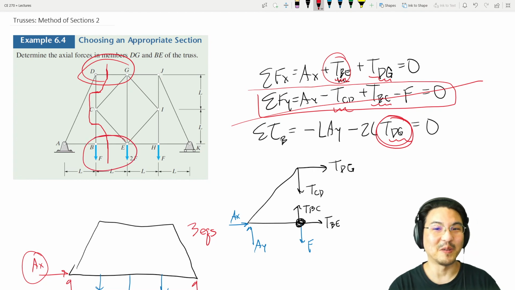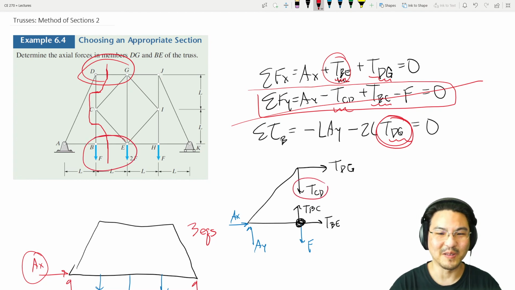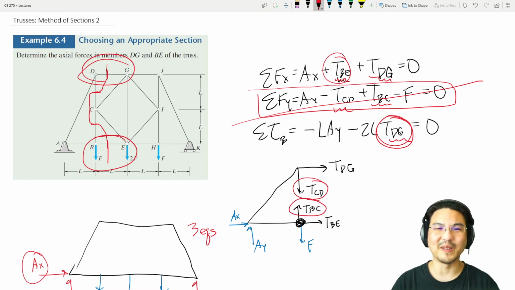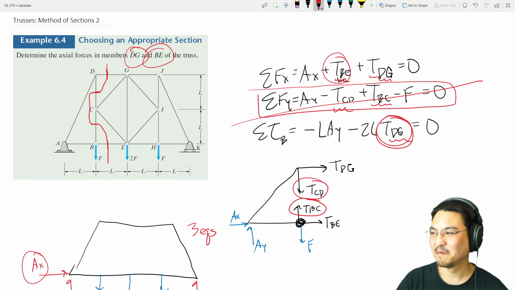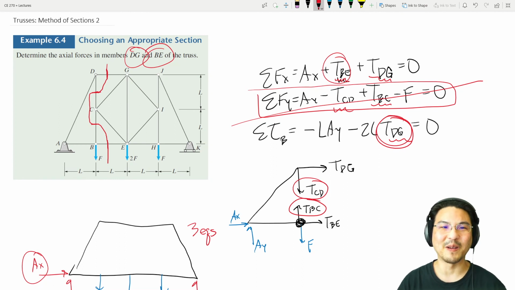And we would not know the answers for these two. So it's like being cute about it. Like we still haven't solved everything, but we were able to be clever and solve for the particular unknowns. Okay, so this is very much academic, like a school exercise.